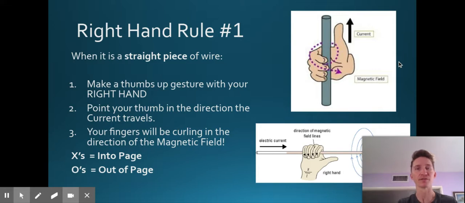And it's the first one because there's a few different situations this can be applied. The first is to simply straight piece of wire, just like this, nothing special. And the reason why it's called right hand rule, you need to be using your right hand.